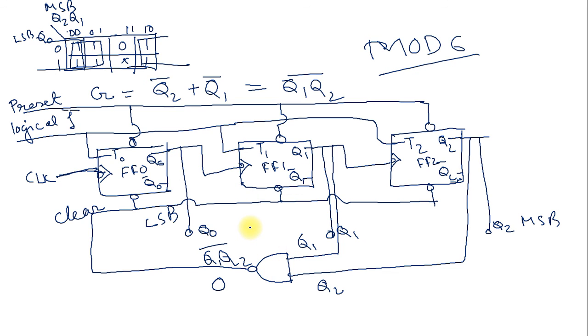You can verify the truth table. How can you verify it? When it is 0 0 0, at that time Q1 is also 0, Q2 is also 0, so Q1 Q2 complement is 1. Whenever clear is 1, the flip flop counter works as a normal counter.